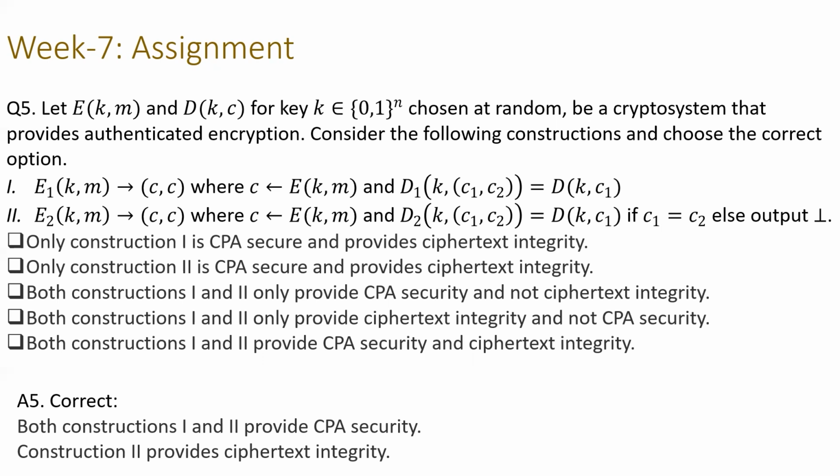But okay, the answer given here was that it does not provide ciphertext integrity. Ma'am, my doubt is about the first option: the decryption used in the authenticated encryption decryption way, right?